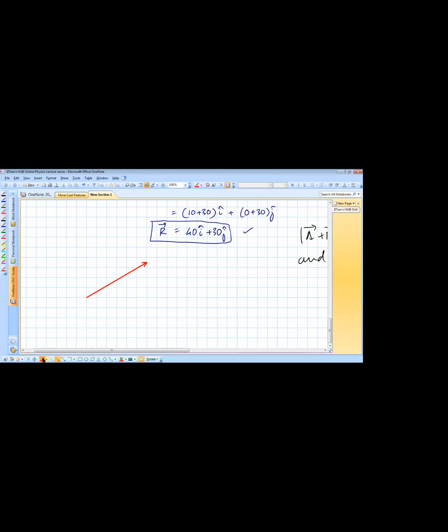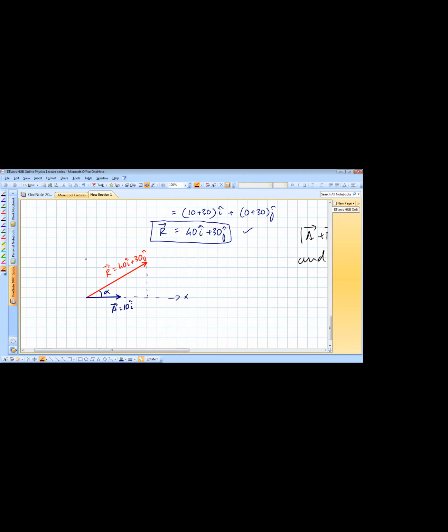So now this is our resultant, which is 40 i cap plus 30 j cap. And in comparison, this was our vector E. Our vector E was along the x-axis and of value 10 i cap. So I want to find out this angle. So just drop this perpendicular here.